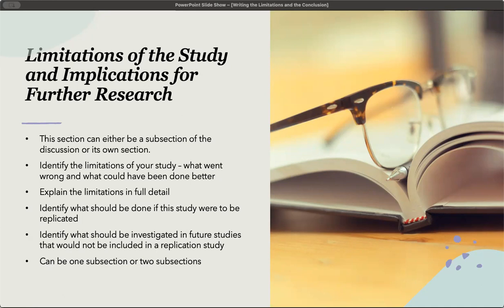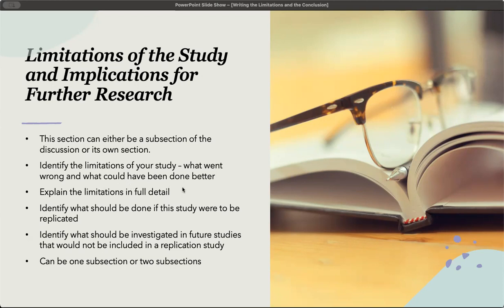Again, the reason why I prefer it before the conclusion is I think that the conclusion is the very last part of the thesis that summarizes everything. I don't really see that anything should be beyond that, but there are different styles here. So with your limitations section, what you want to do is identify the limitations of your study. What went wrong and what could have been done better?